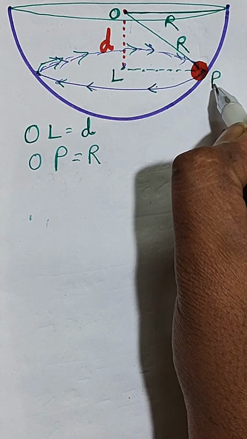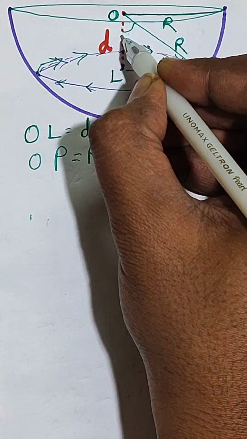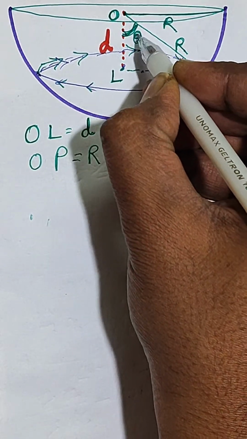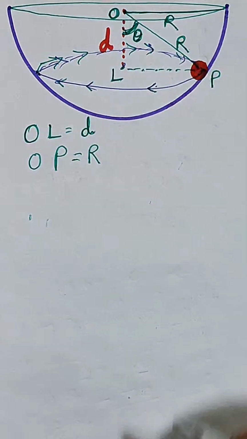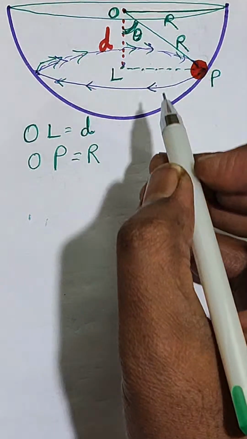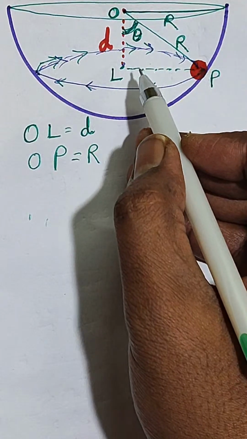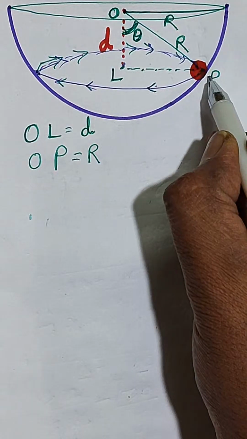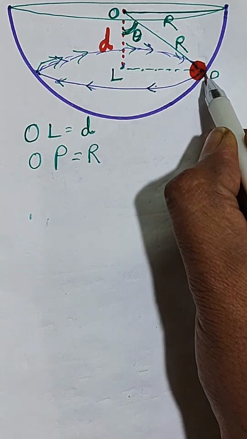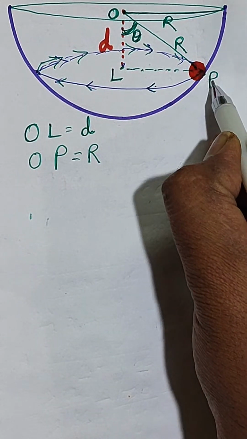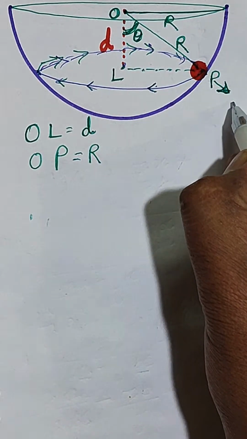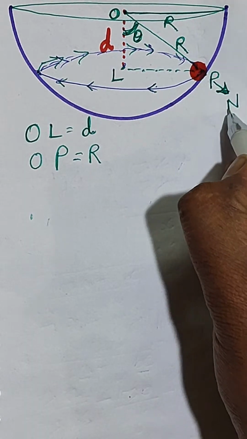Now let us say this particle makes an angle of theta from the vertical line. From this point, you can see that if this is the point of contact, then definitely this will be the line of normal reaction.